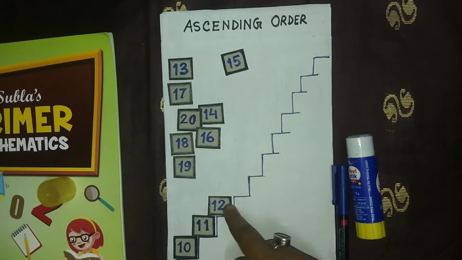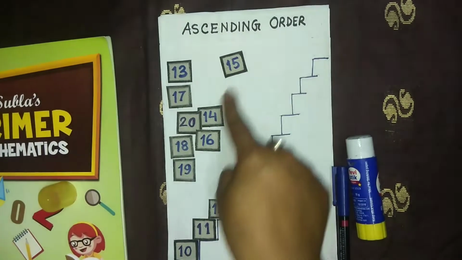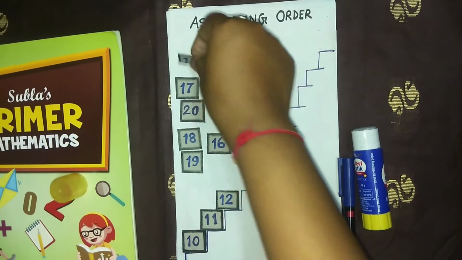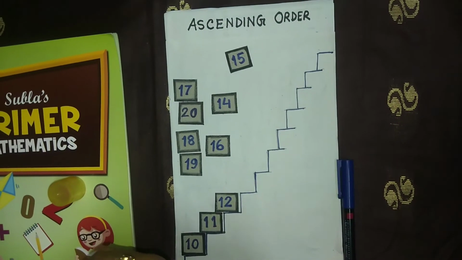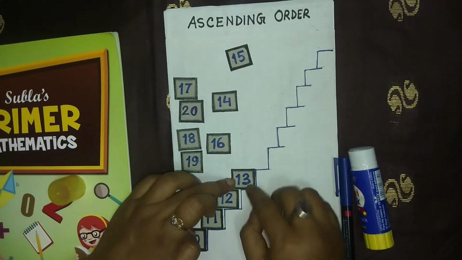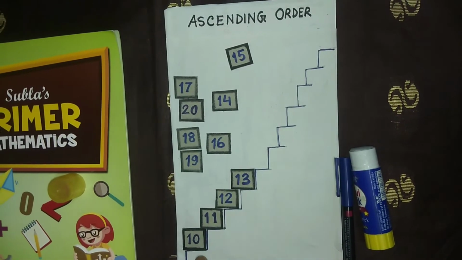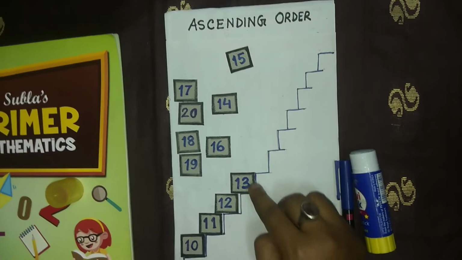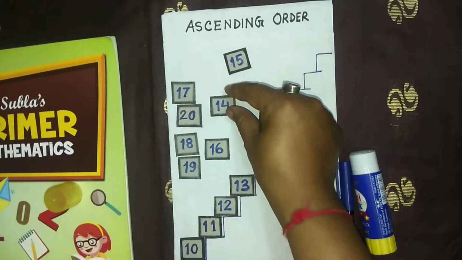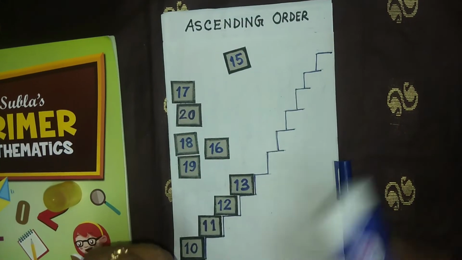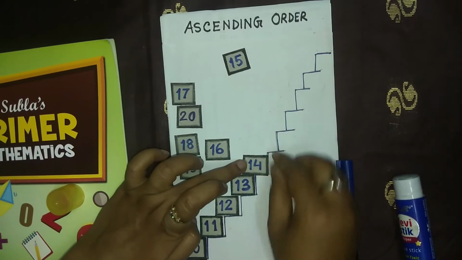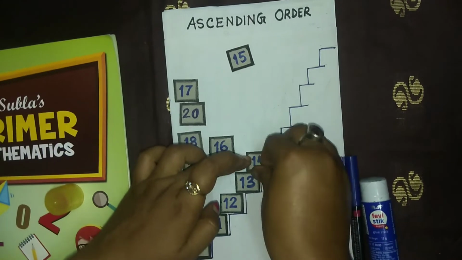So the next number after 12, you can see here, yes, 13. I'm pasting this number 13. So 10, 11, 12, 13. After 13, just see here, 14. I'm pasting this number 14 too.